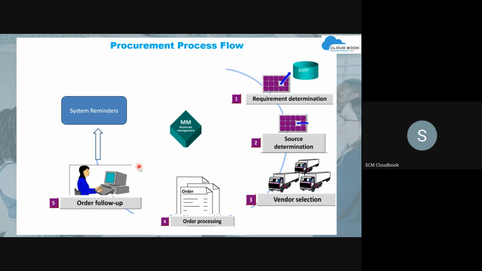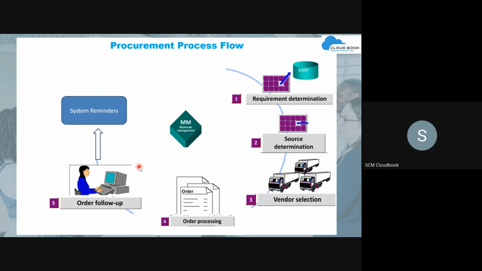The system sends the reminders on your behalf and it reaches the vendor. When the vendor sends the information back, it is received on your email ID. So that kind of follow-up setting is available in the SAP system to make the things easier and the following process smoother.